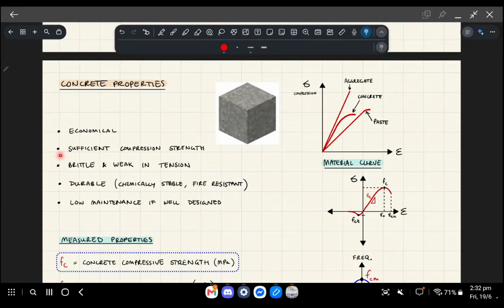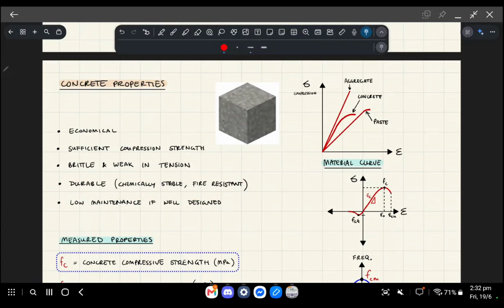Concrete has sufficient compressive strength. Compared to steel it's not as strong in compression, but considering how strong it is, it's still incredibly useful for us. Concrete is brittle and weak in tension, as we've discussed briefly, and this is a weakness of the material which we have to address in our design.